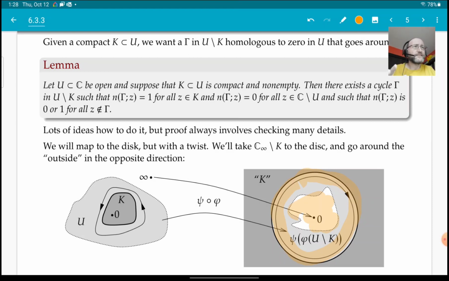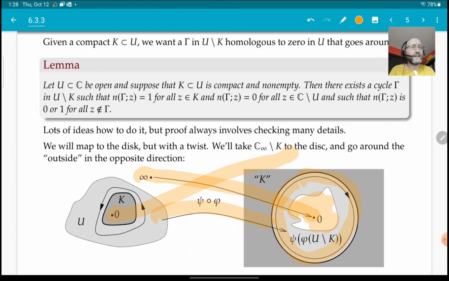And well, this sort of does the wrong thing if you think about it. It goes around the outside of U, but if you check what it means, because there's basically going to be 1 over z here, that's the inversion, taking infinity to 0 and 0 to infinity, wherever the infinity would be out here.